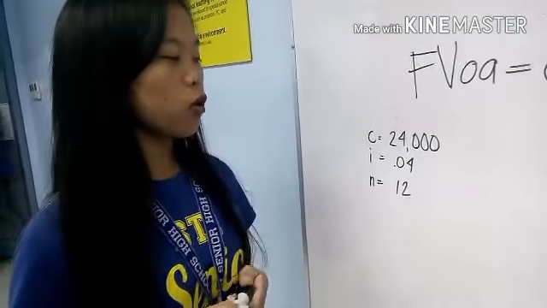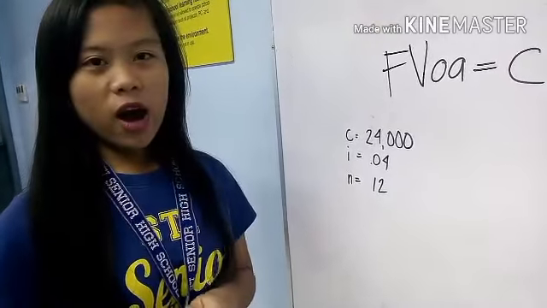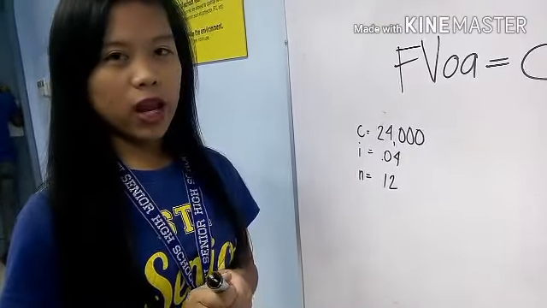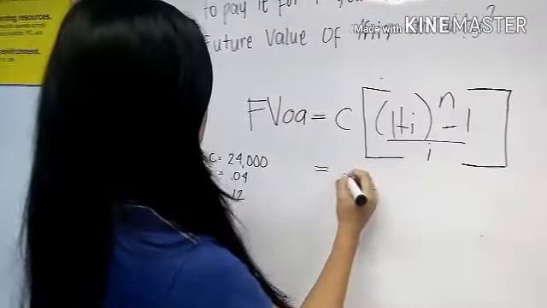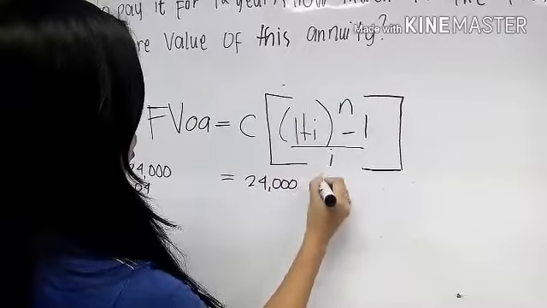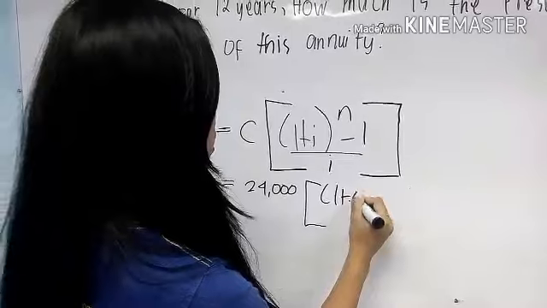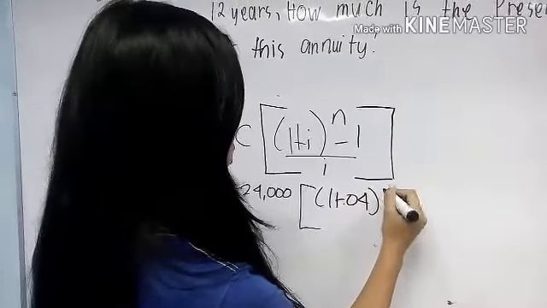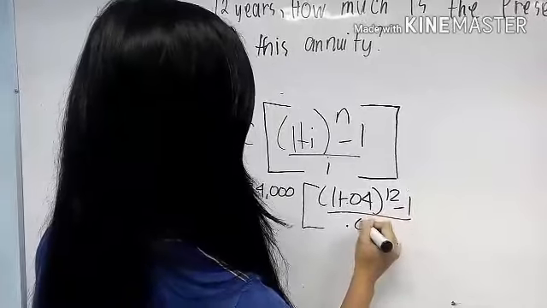Since we already solved the interest rate, which is 0.04, we are heading now to the filling of the labels. Okay, C is 24,000, quantity (1 plus 0.04) raised to 12 minus 1 over 0.04.